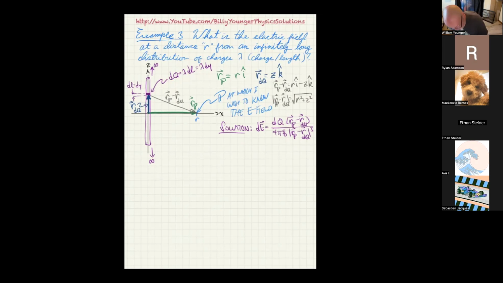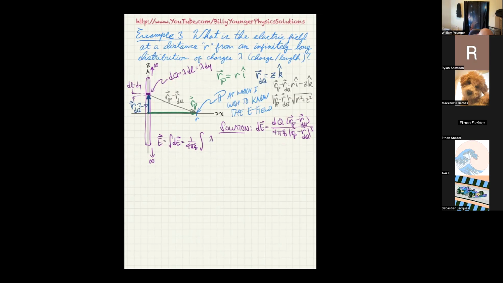So we can now say E is equal to the integral of dE, which equals 1 over 4 pi epsilon naught. That part I know is going to be a constant, so I just went ahead and pulled it out in front. And I'm going to integrate my dq, which is lambda, oops, I said dy.